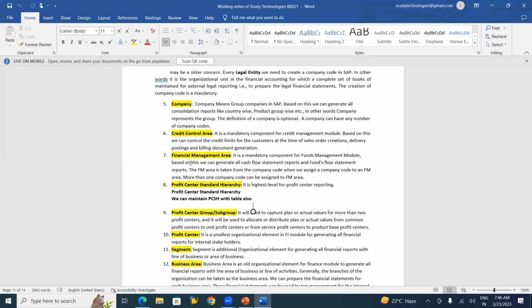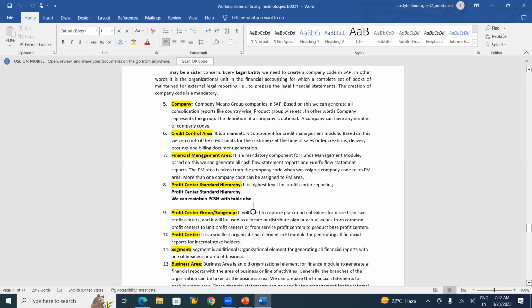Clear? So that's the reason, in other ERPs, whatever existing legacy systems the client was using, they didn't use this functionality earlier. So we need to explain what is FM area, what is the functionality of FM area, and how the cash flows and funds flows will be generated and calculated.